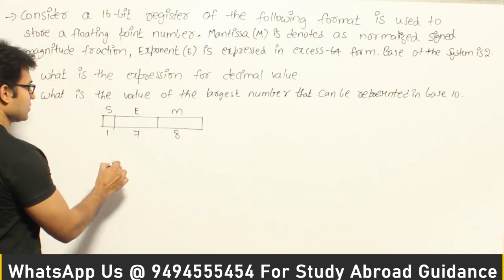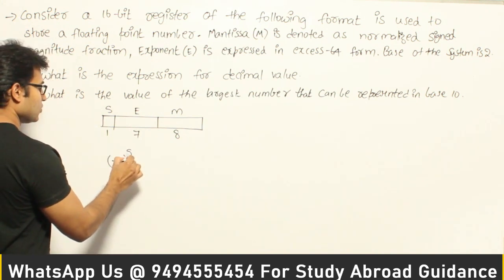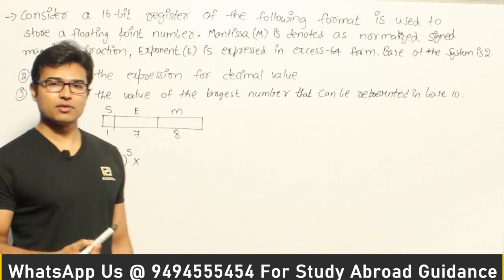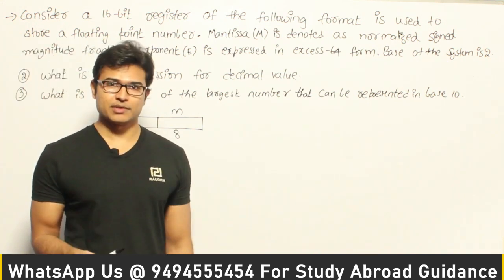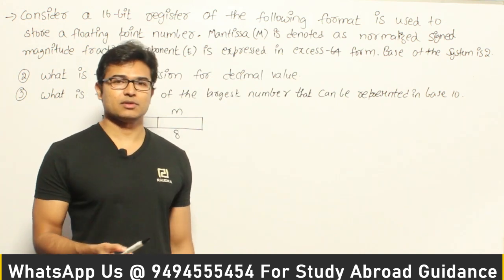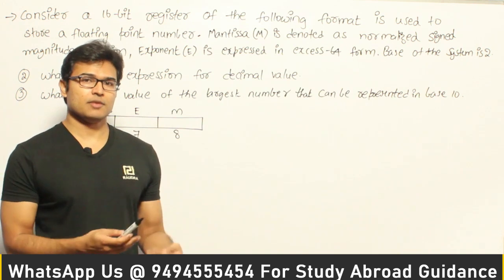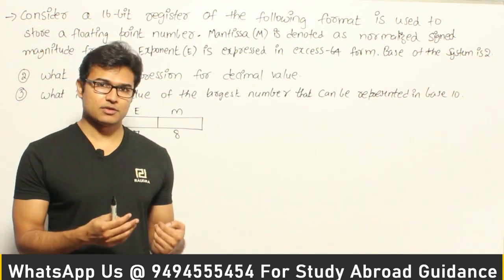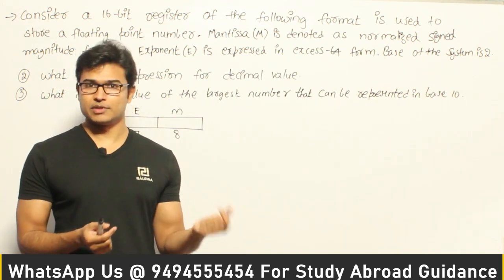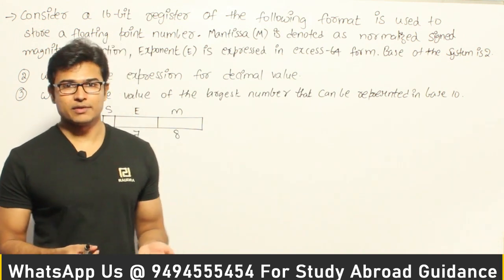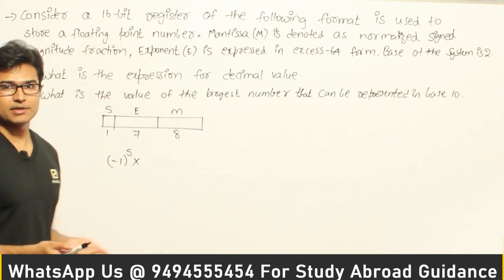So minus 1 power s into, now if nothing is given, we generally don't use explicit normalization, because implicit normalization can be used to represent more numbers, isn't it? Using the same representation, we can store more values in implicit compared to explicit. So that is why we are going to go for implicit only. If nothing is given, take it as implicit.